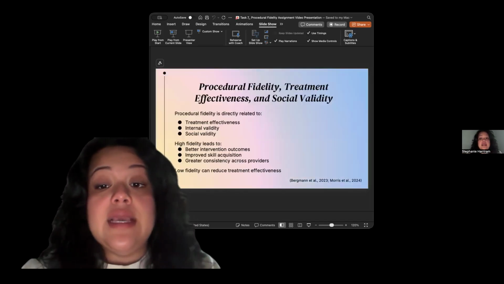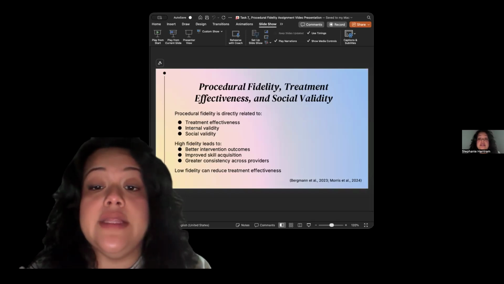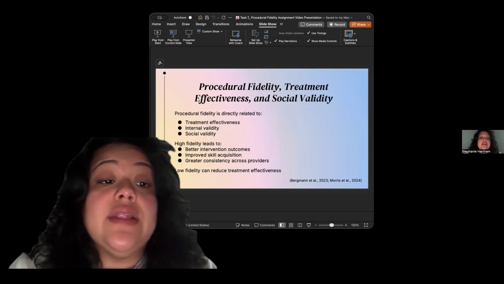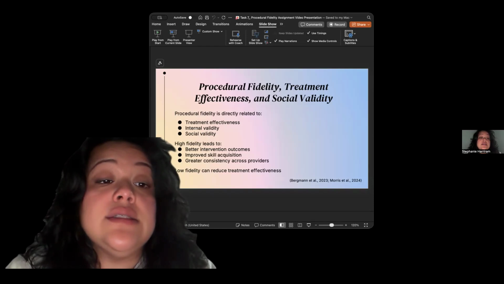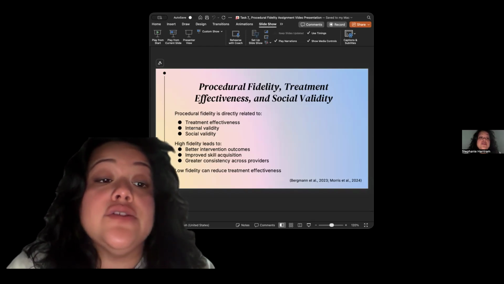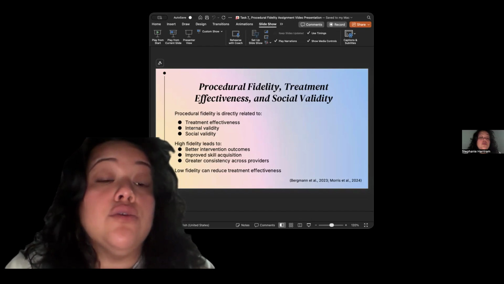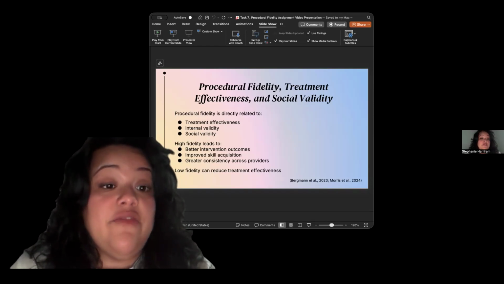Next slide is procedural fidelity, treatment effectiveness, and social validity. Procedural fidelity is directly related to treatment effectiveness, so how effective that treatment was; internal validity, whether that independent variable affected the dependent variable behaviors and caused a change; and social validity, whether the stakeholders felt that that intervention was valuable and ethically valid.